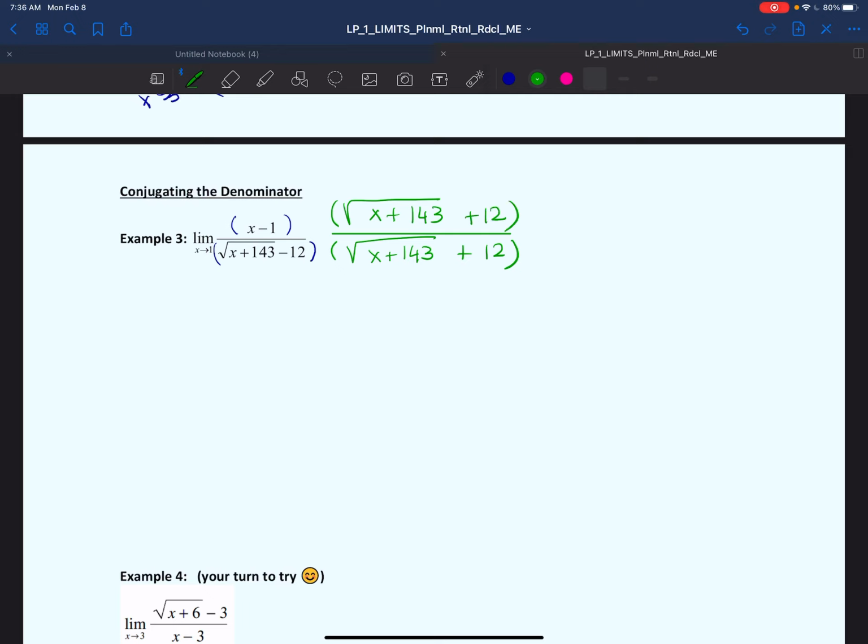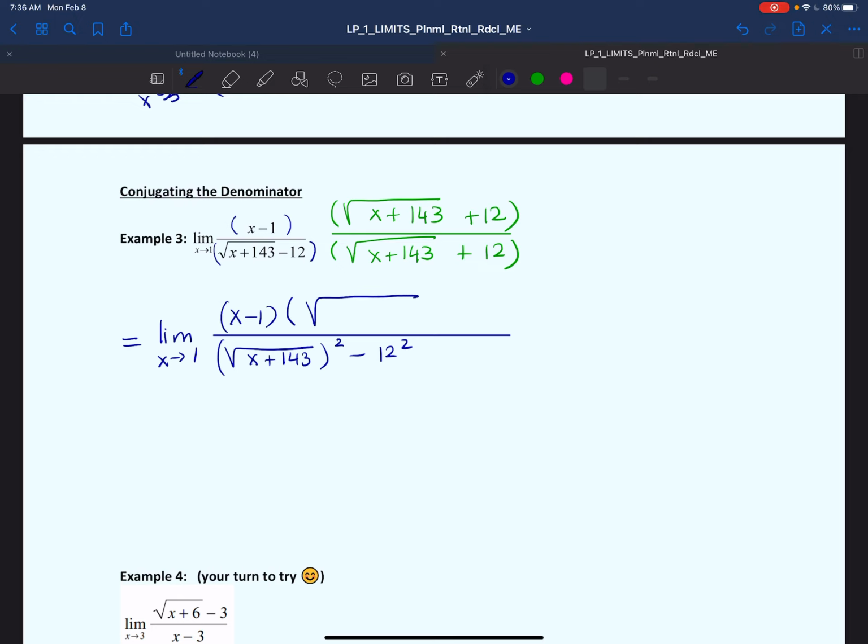Equals limit as x approaches 1, long line down. So root of x plus 143 squared minus 12 squared. Numerator has x minus 1 and root of x plus 143 plus 12 in brackets.